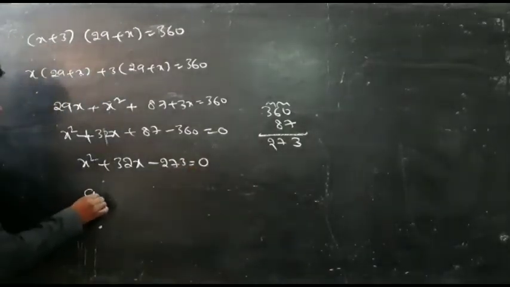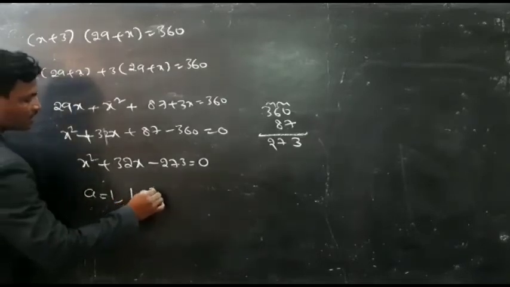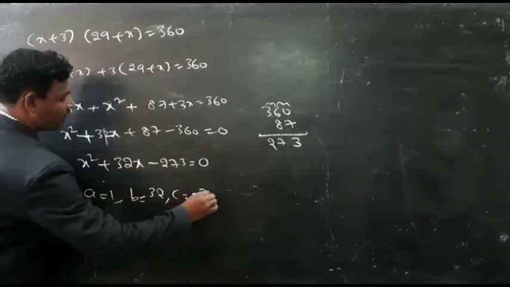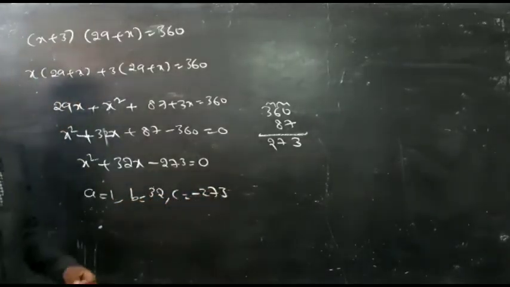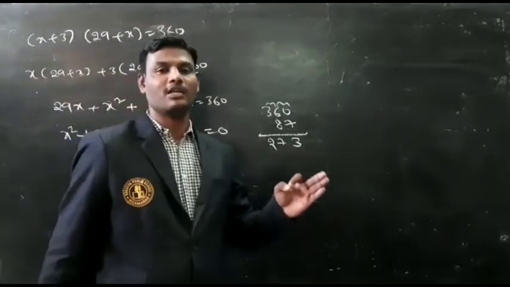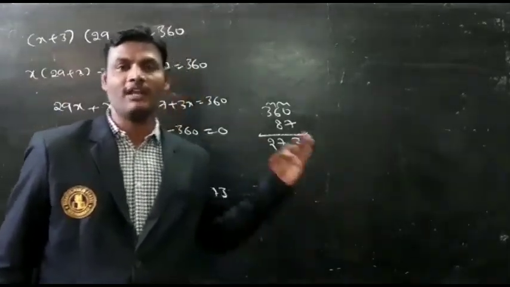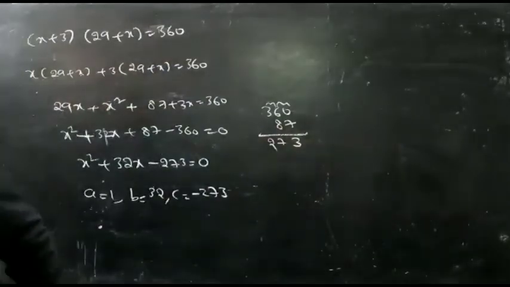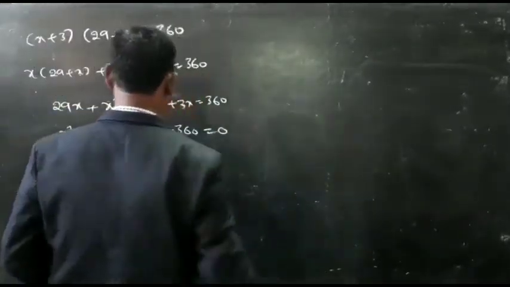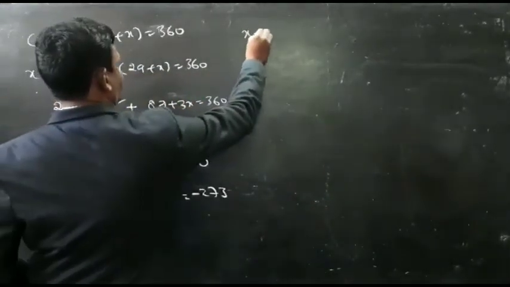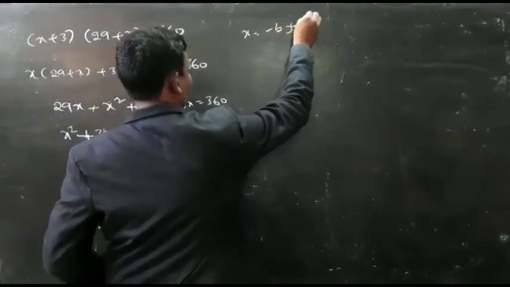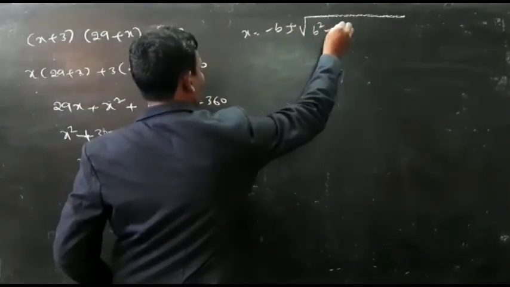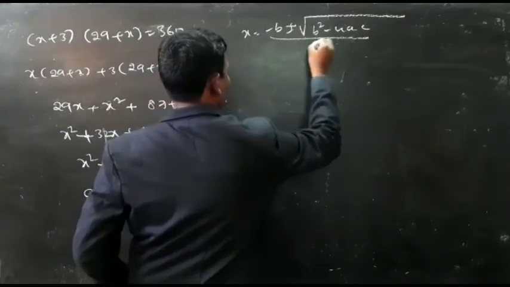Now a is equal to 1, b is equal to 32 and c is equal to minus 273. I am going to apply the quadratic formula to find the roots of the given quadratic equation. x is equal to minus b plus or minus under root of b square minus 4ac, by 2a.